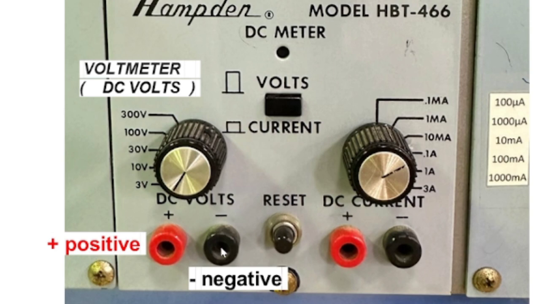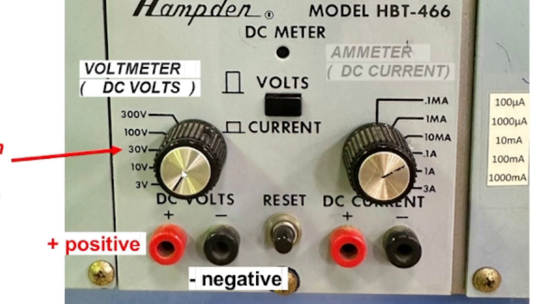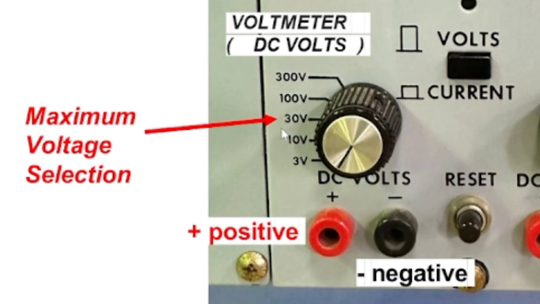representing negative or minus. And here you will see the numbers 3 volts, 10 volts, 30 volts, 100 volts, and 300 volts. These numbers represent the maximum voltage that we can measure using our analog voltmeter.